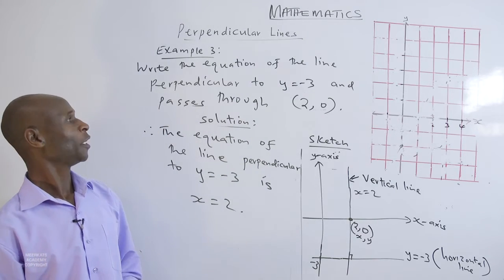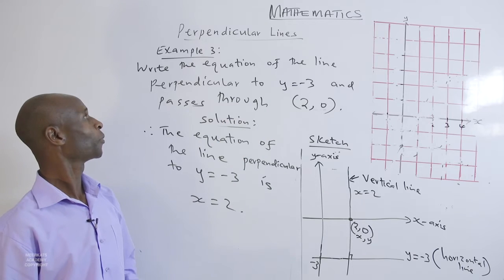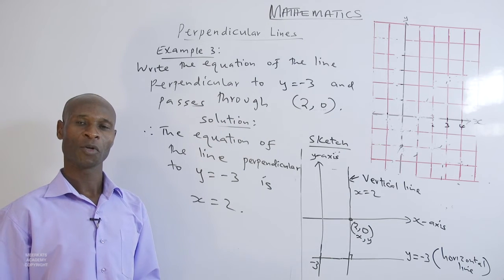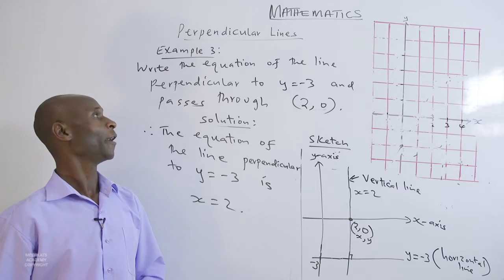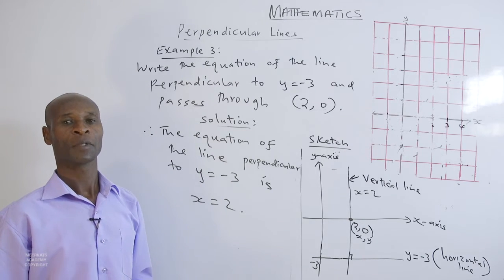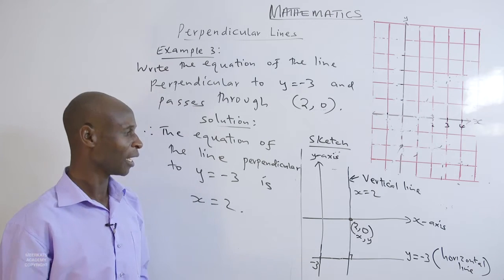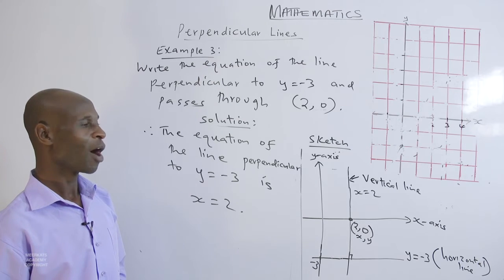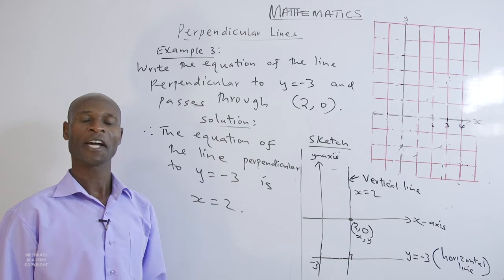Now, in summary, we have looked at how we can find the gradient of our perpendicular line, and we have established the relationship between the gradients of perpendicular lines as m1 times m2 is equal to -1.